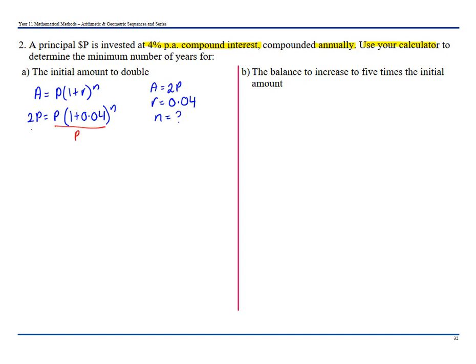Divide both sides by P, not 2. And the P's cancel. So you've got 2 equals 1.04 to the power of n. So 0 equals 1.04 to the n minus 2. You'll then go to your calculator.